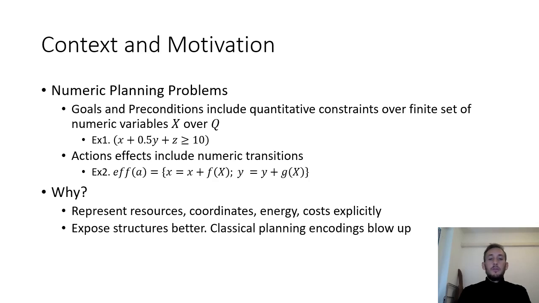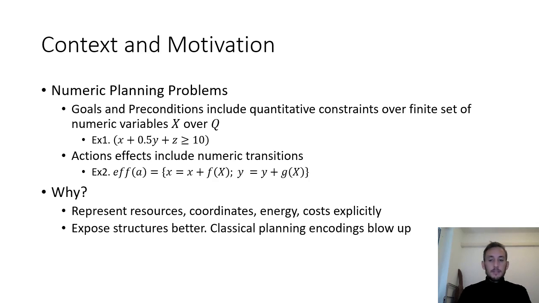Action effects can also include numeric transitions through which you can update these numeric variables as you apply actions. This representation is useful when you want to encode in your planning problem resources, coordinates, or any other quantitative aspect you may be interested in modeling.